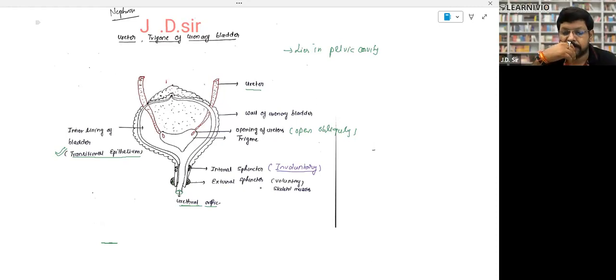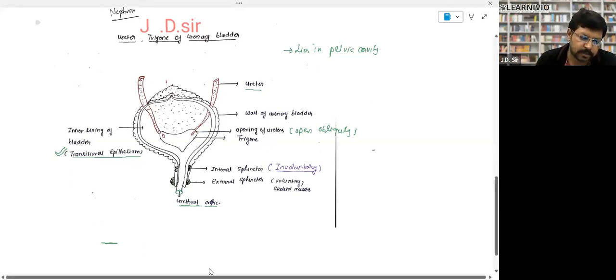What are the sphincter muscles? No idea? Come on, guys. Sphincter muscle. Aisha, no idea? Rabia, you also don't have any idea?